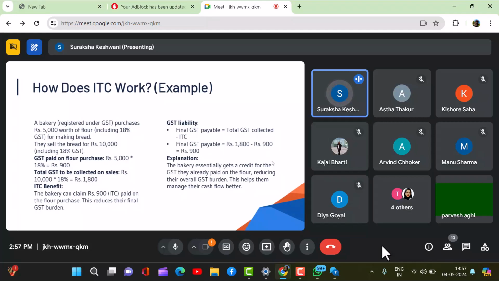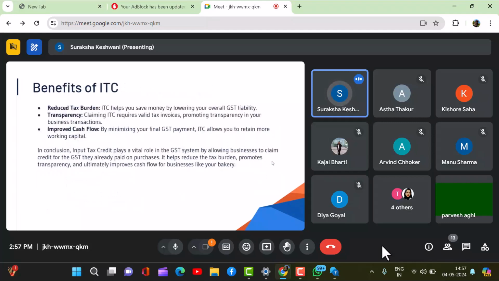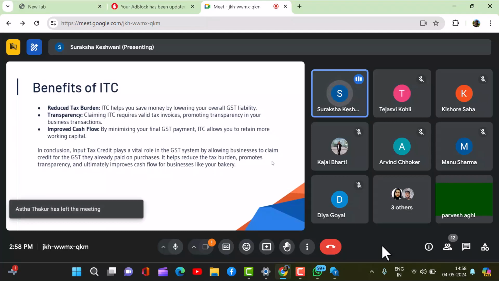This also gives us a few benefits. The first benefit is reduced tax burden. We understood that the concept suggests that we reduce our overall tax liability with our input tax credit, and ultimately it reduces our tax burden. Another benefit of ITC is transparency.